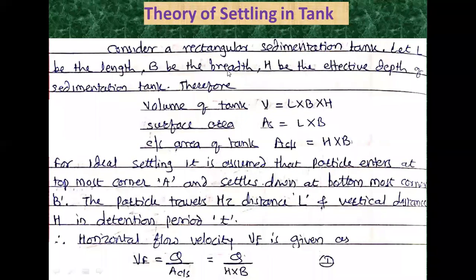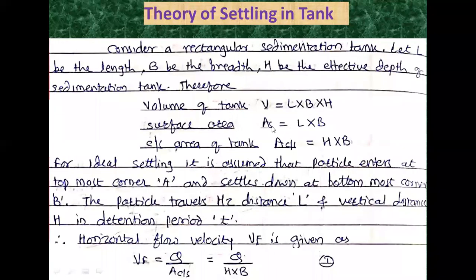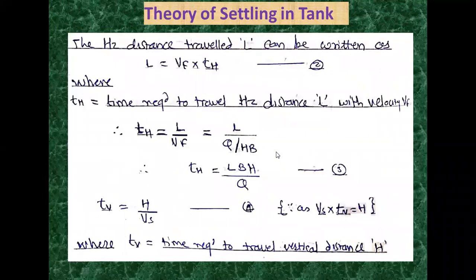So in yesterday's lecture, we have seen the theory of settling in a tank and we have solved problems to find the efficiency of settling in a tank, right? So in this theory part we learned about the settling volume, surface area, how to find out the cross-section area of the tank, right?